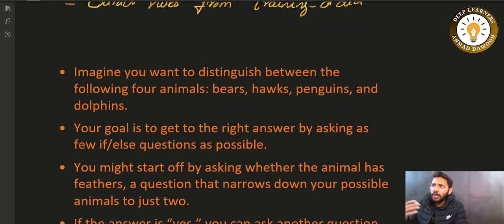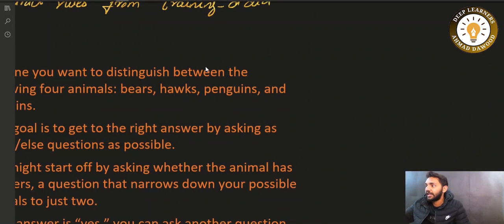Now you have to draw rules that can narrow down your number of classes into partitions. Let's say first of all you ask a question like: what are the animals that have feathers?